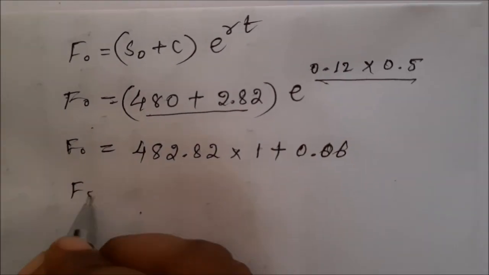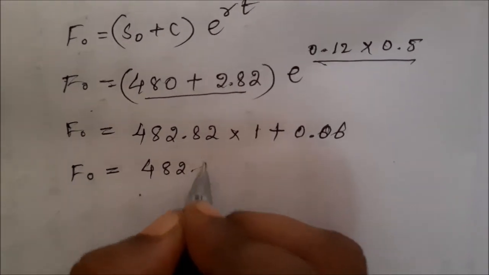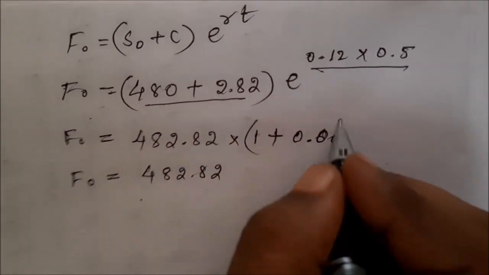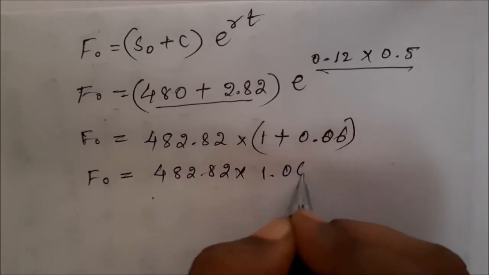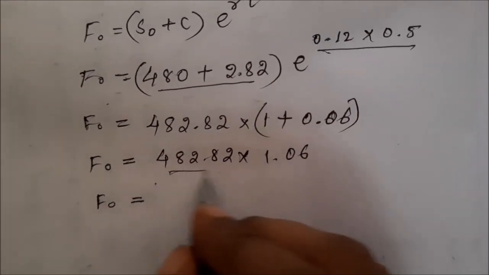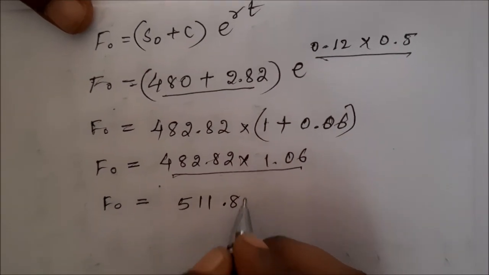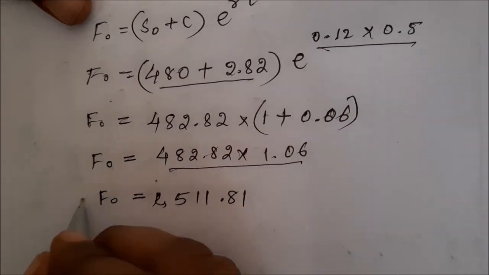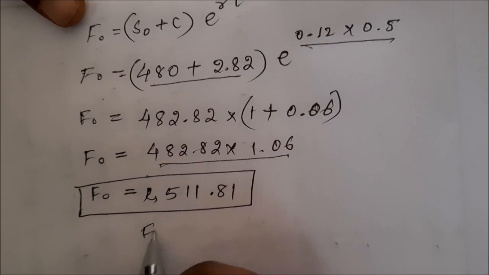Future price is equal to 482.82 into 1.06. We will get rupees 511.81. This is called the future price.